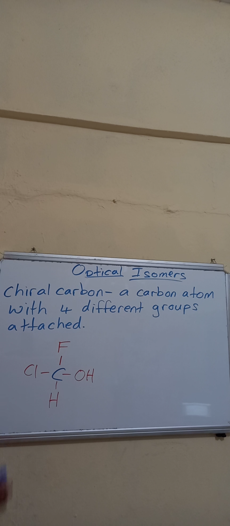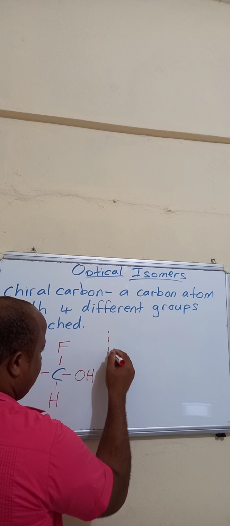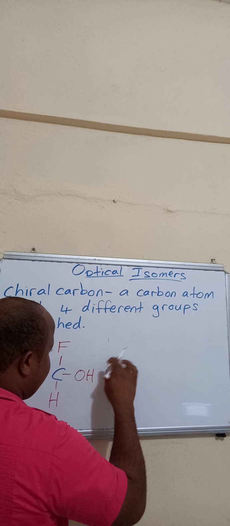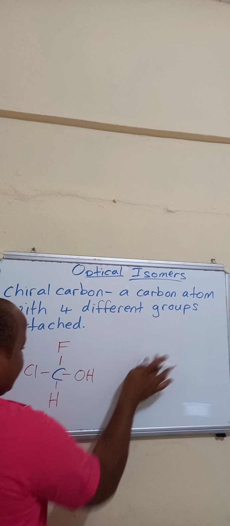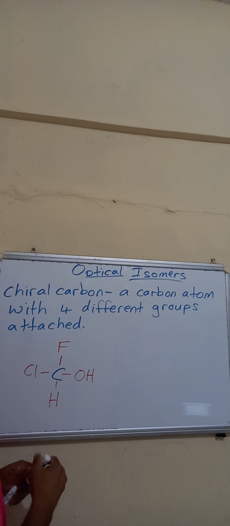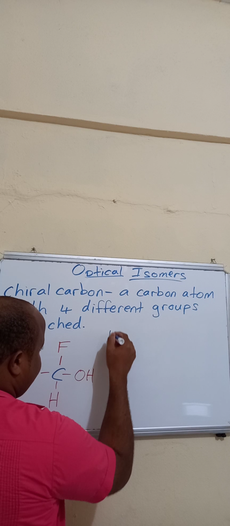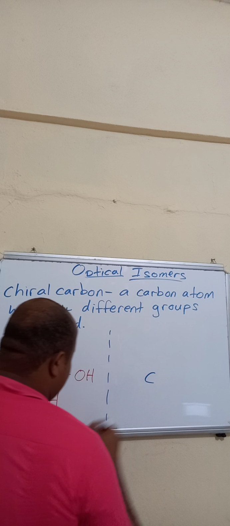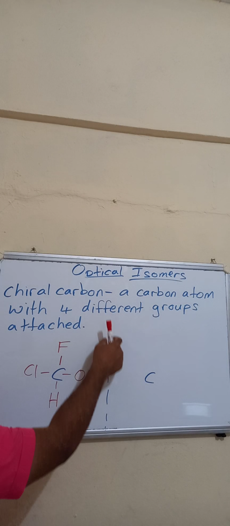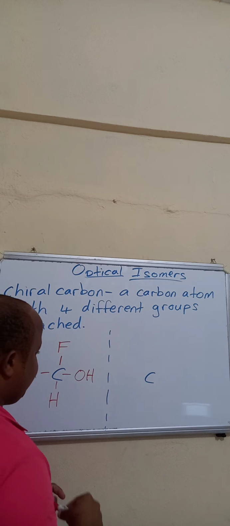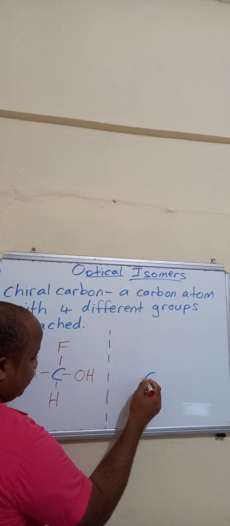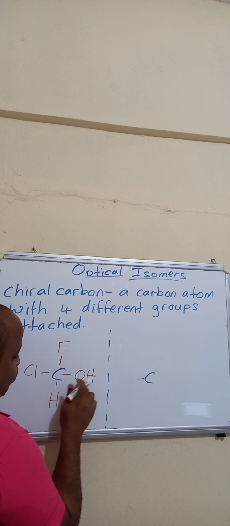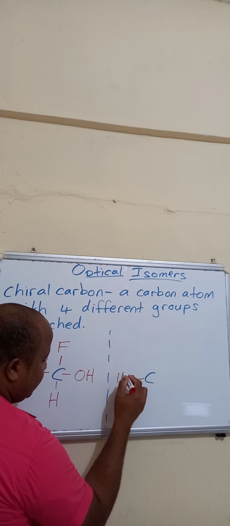We say that the 2 compounds are mirror images of each other, right? And the mirror image is non-superimposable. So if this line represents a mirror, then the OH groups will be facing each other.